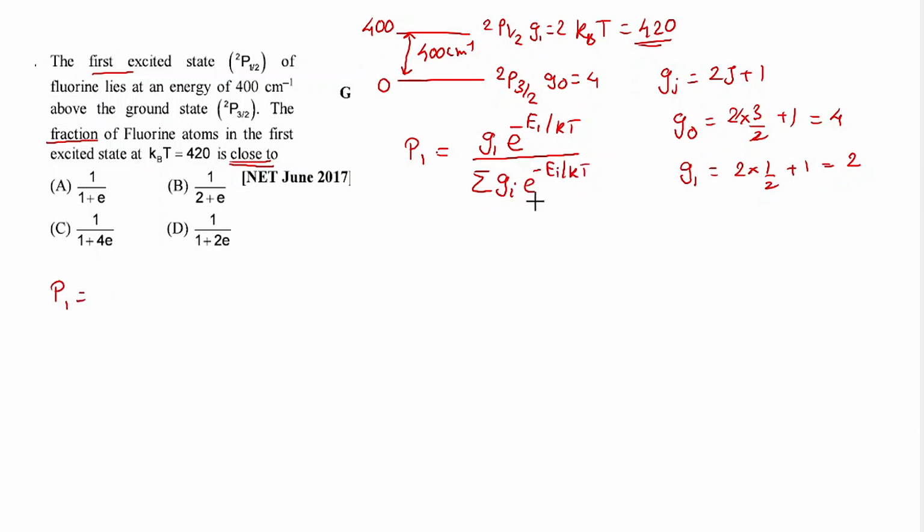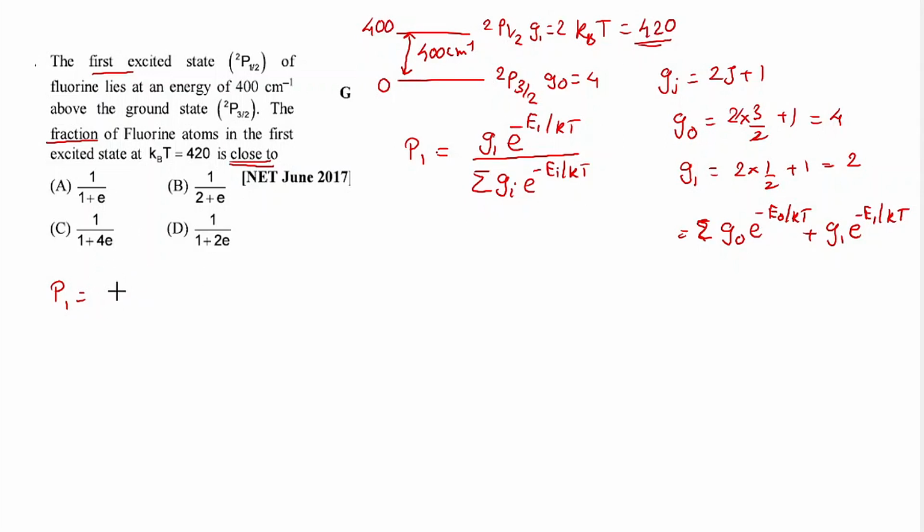P1 is equal to, and this summation of Gi we can write as G0 e raised to minus E0 upon KT plus G1 e raised to minus E1 upon KT. Okay, we can write it in this manner, and then we will substitute the values.